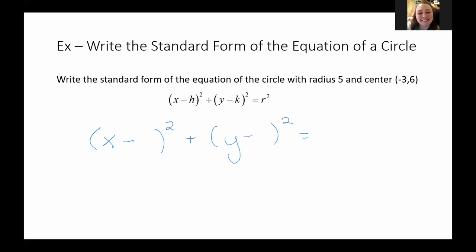The radius is 5, and the point is (-3, 6). So I put a minus 3 here and a 6 here. Now, there's 2 minuses, so that's a plus. So my equation is (x + 3) squared plus (y - 6) squared equals 25. That's all there is.